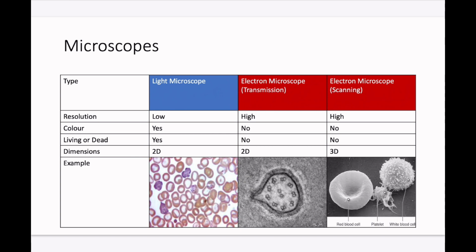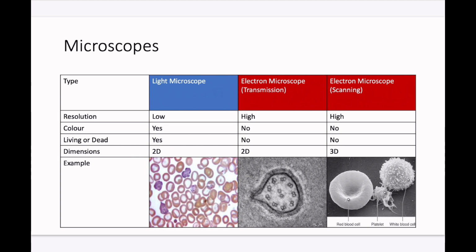Light microscopes also have an advantage of being able to see living creatures. Sorry, that was a bit of a typo. Electron microscopes over here can't see living creatures because the electron rays may be able to kill the living organisms that we are going to observe.